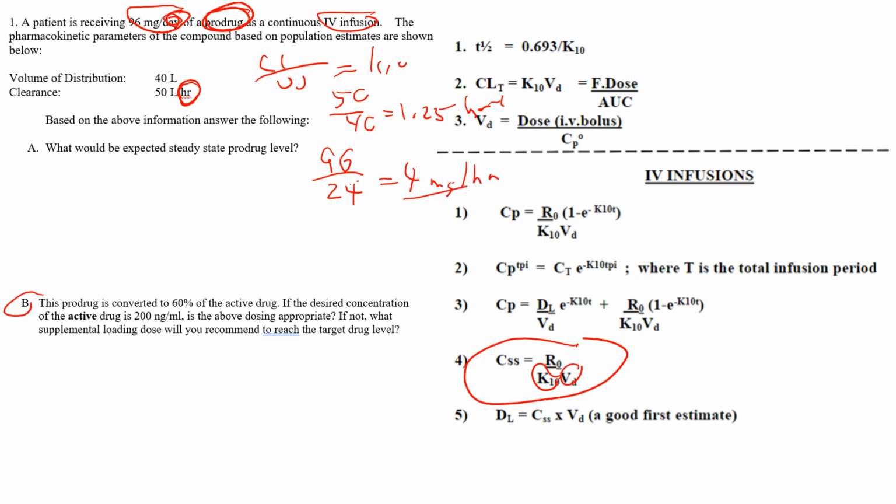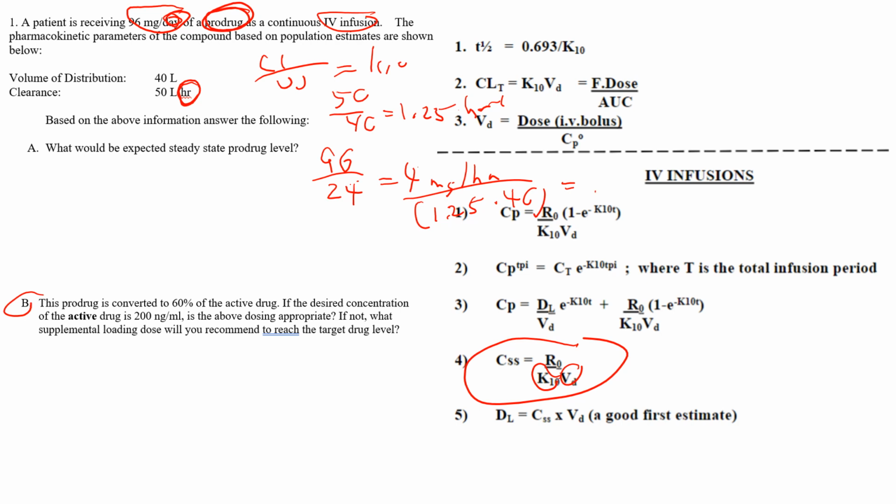So now we simply do K10, which is 1.25, times volume of distribution, which is 40. We get a steady state of 4 divided by 1.25 times 40.